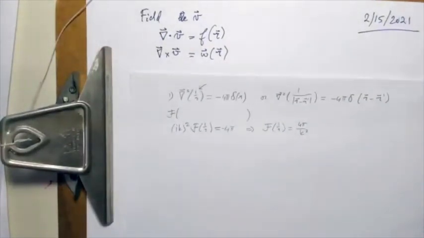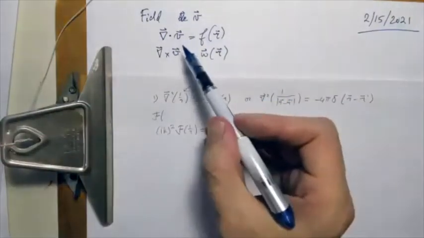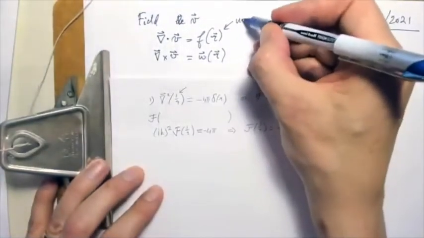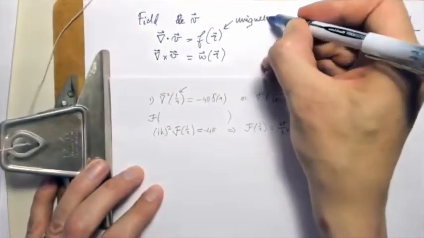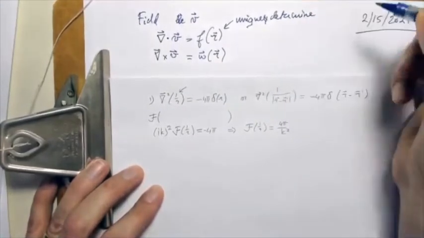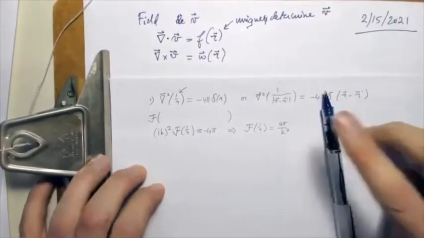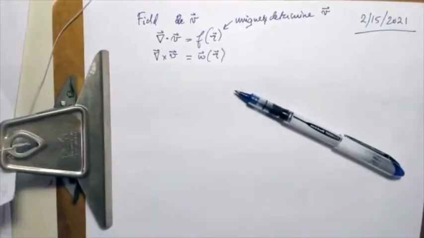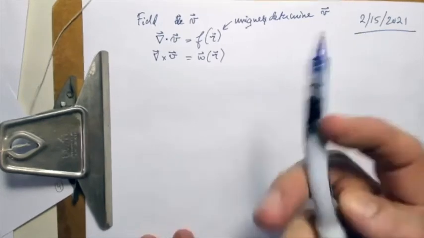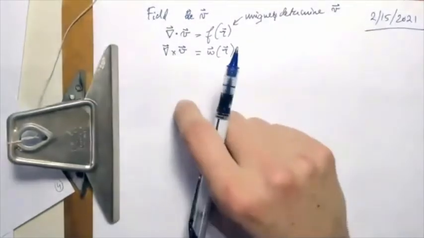Okay, and we already said that this f and this W uniquely determine V. So we already showed that that is true, right? And now let's see if we can invert this relation.